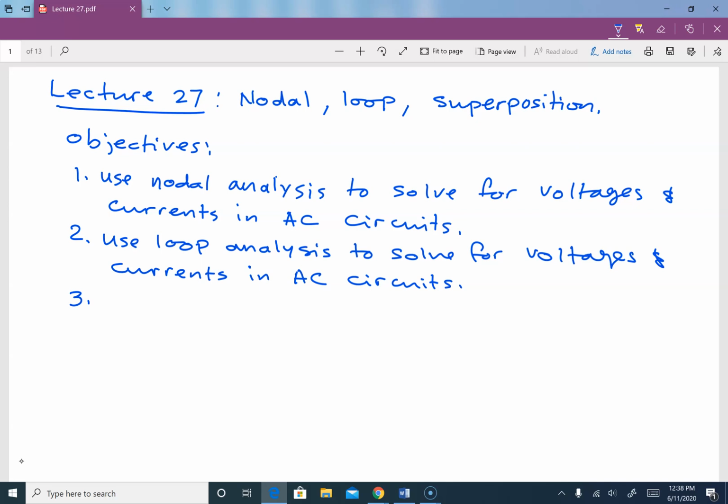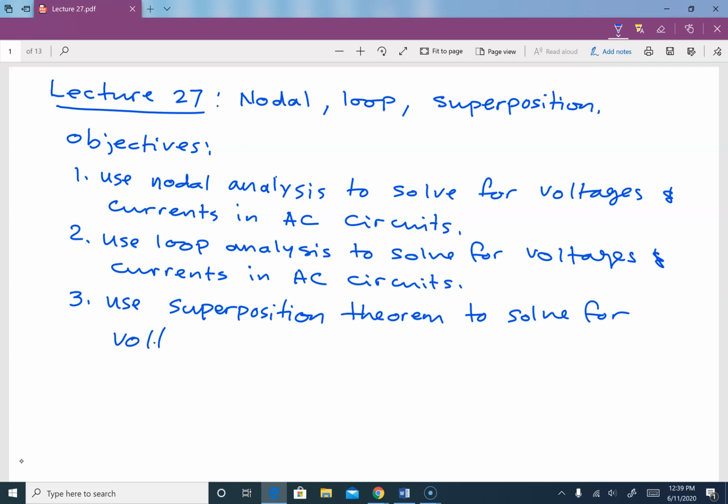And the third objective is to use superposition theorem to solve for voltages and currents in AC circuits.